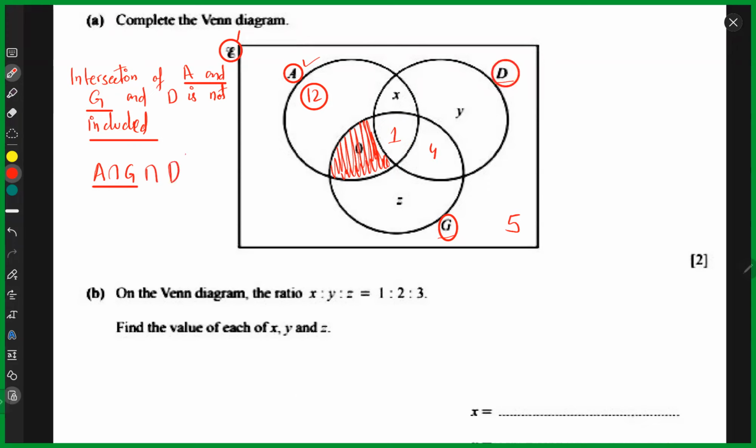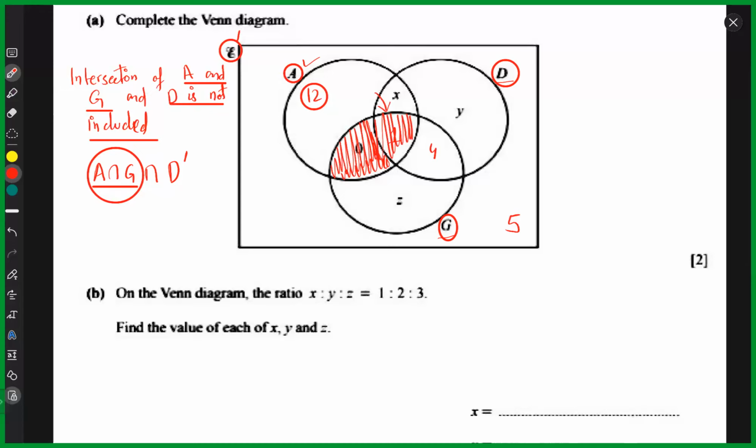Why have I done this? Now listen to me carefully and then ask me questions. Okay, what is this? This is A intersection G. This would give you this entire thing. In order to get rid of this extra shaded part, I need to talk about the intersection of D complement. It said D is not included. So whenever we have not D or D is not included, for that we talk about the complement of that set.